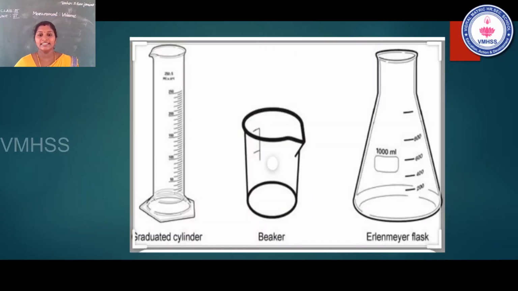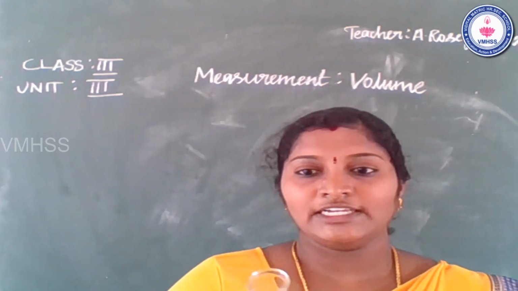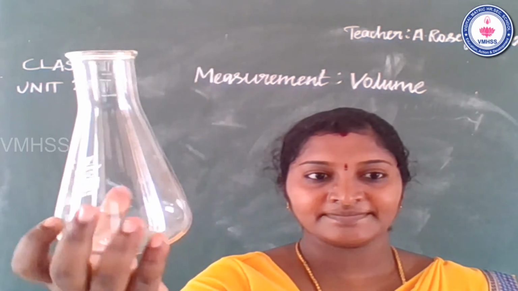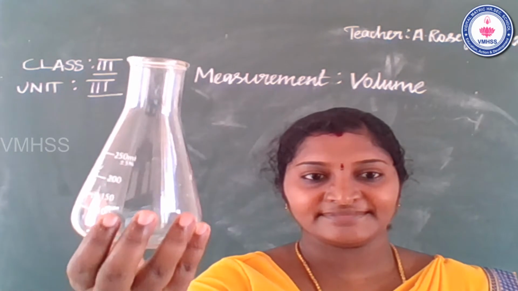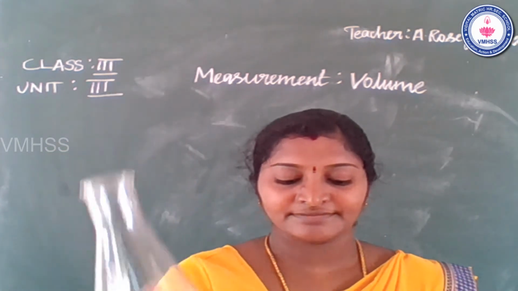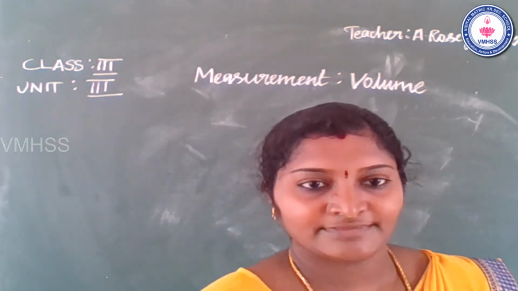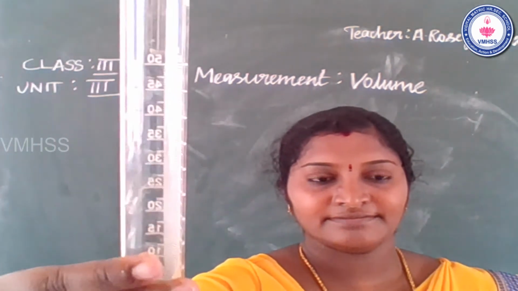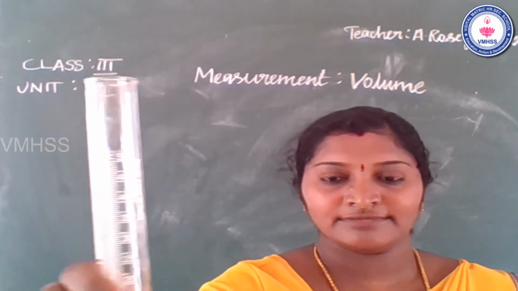What is this? The first one is a graduated cylinder. Next is a beaker. Next is a jar. That one is a flask. That one is a cylinder, a measuring jar.